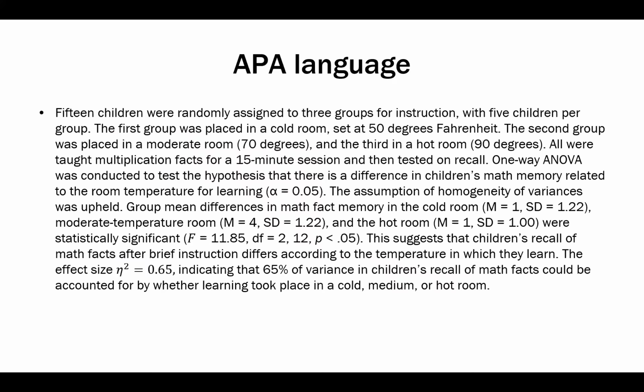All were taught multiplication facts for a 15-minute session and then tested on recall. A one-way ANOVA was conducted to test the hypothesis that there's a difference in children's math memory related to the room temperature for learning at alpha equals 0.05. The assumption of homogeneity of variances was upheld.